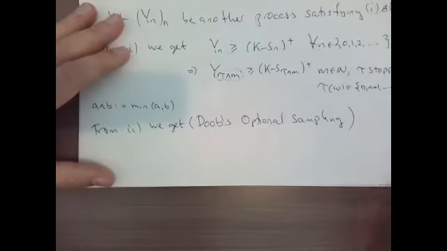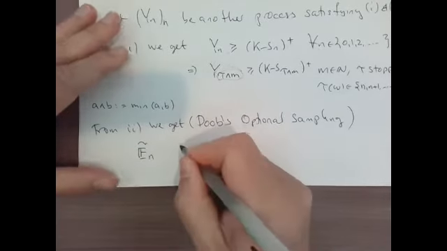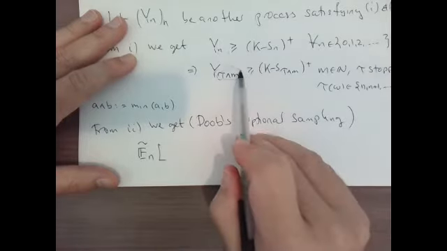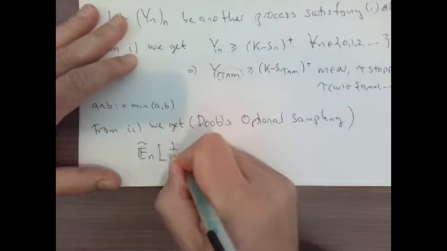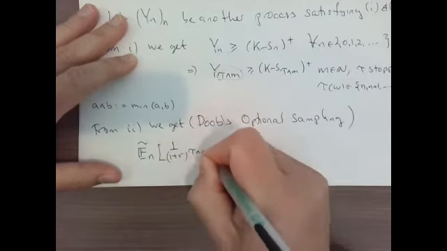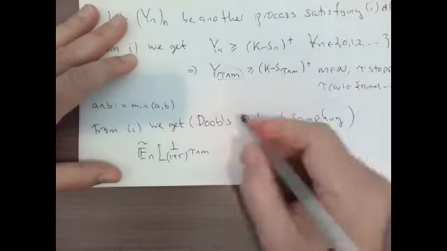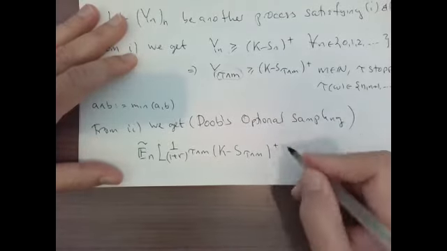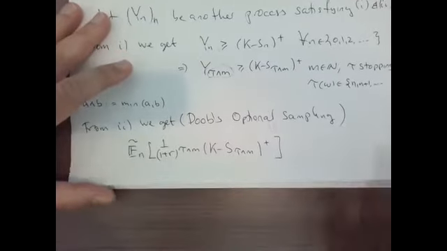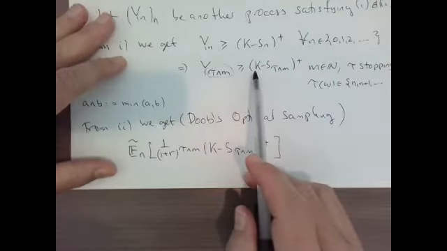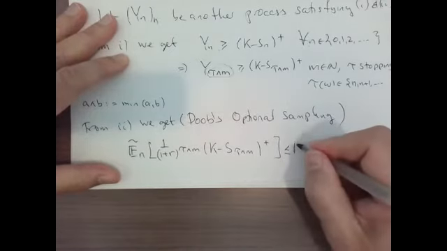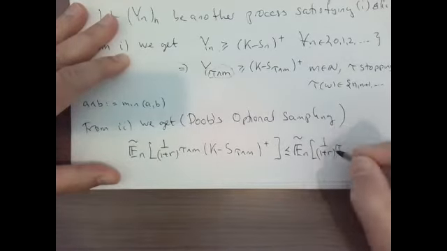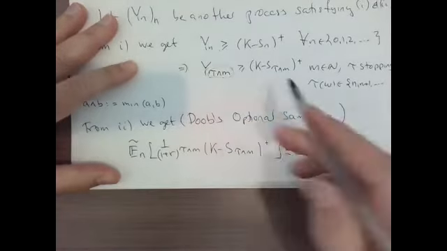If we use Doob's optional sampling, we'll get that the conditional expectation of 1 over 1 plus r to the power tau min m, and then the payoff K minus S at tau min m, positive part, from this inequality here, I'll get that this is going to be less than the conditional expectation of 1 over 1 plus r to the tau min m, and then I'll have my Y.